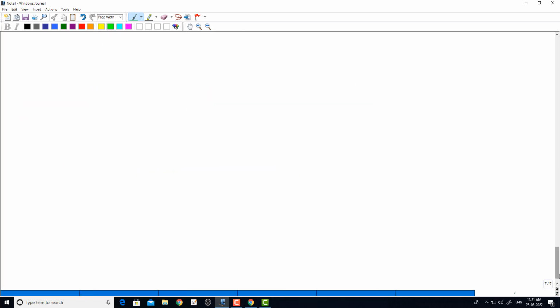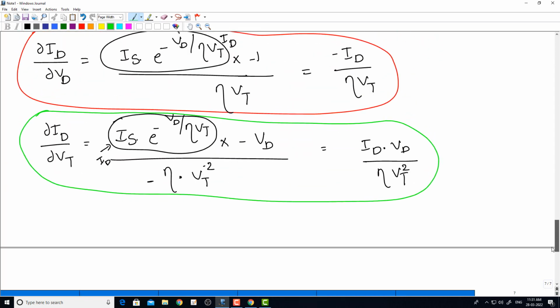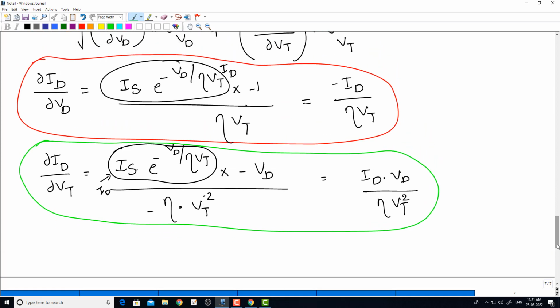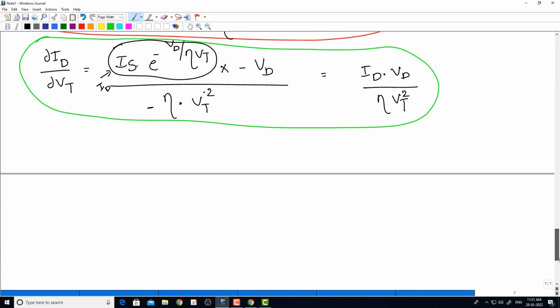So we will substitute these two expressions in the percentage of uncertainty calculation.